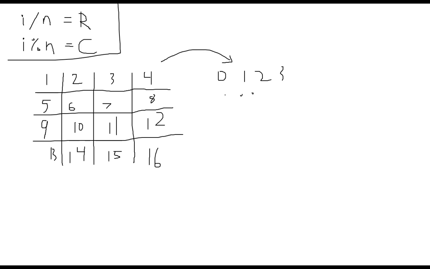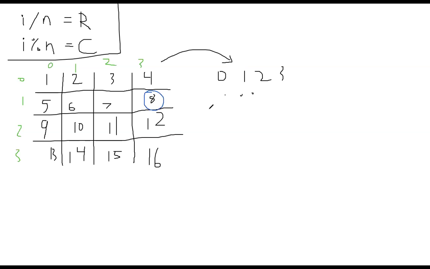So let's test the formula we wrote out, and let's label our rows and columns just to make it easier: 0, 1, 2, 3, 0, 1, 2, 3. And let's do 8.